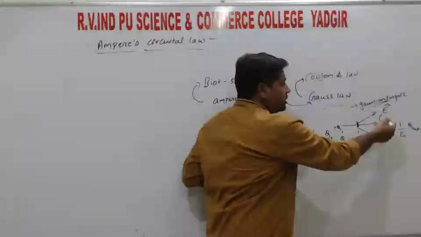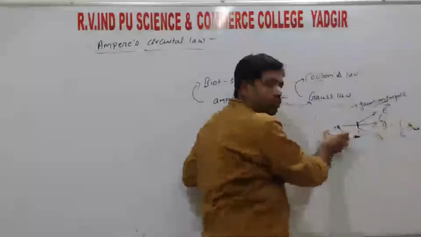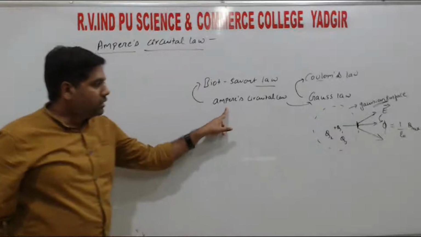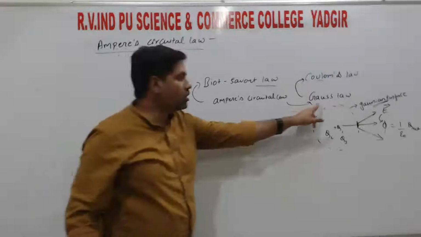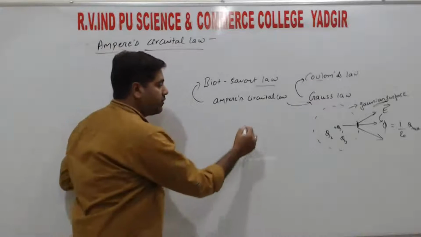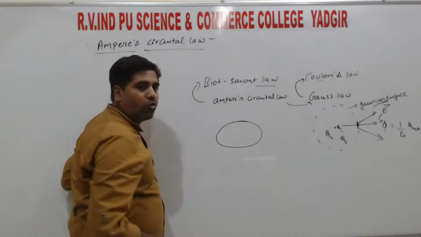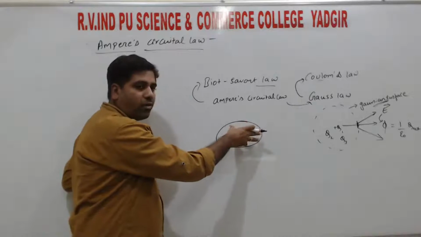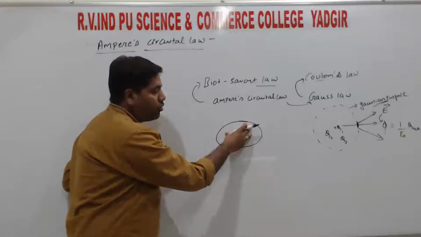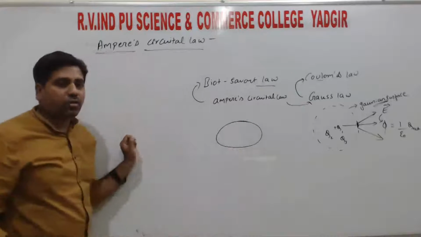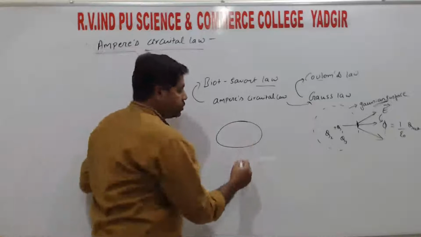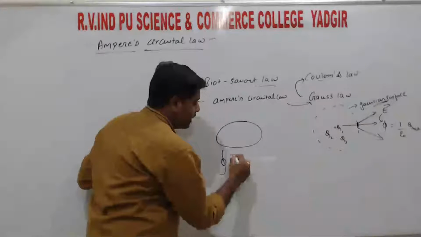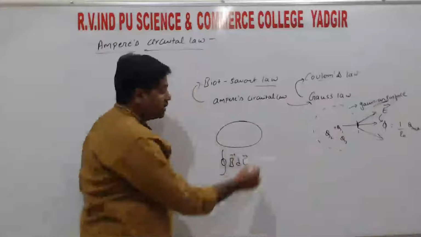In other words, the flux coming out is equal to the total charges enclosed in this surface, right? So this is similar to the Gauss law; here also we are considering one surface with a boundary. On this boundary, the magnetic field coming out is equal to the line integral of B dot dl.